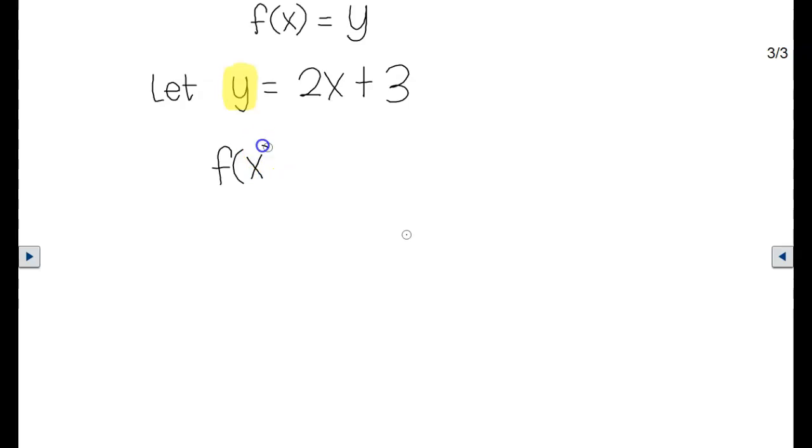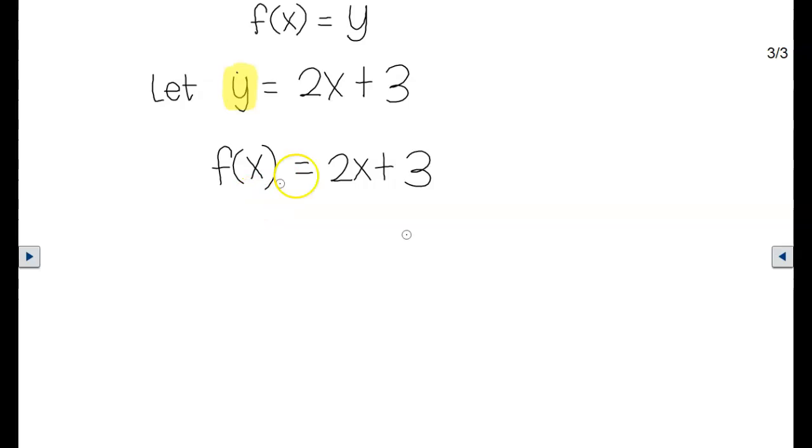So f of x is equal to 2x plus 3 would be exactly the same problem. Since f of x and y are the same thing, this y can be replaced with f of x, and that's the same problem.